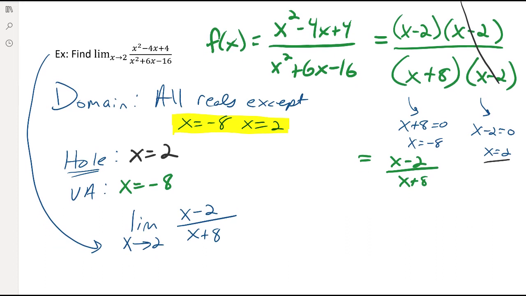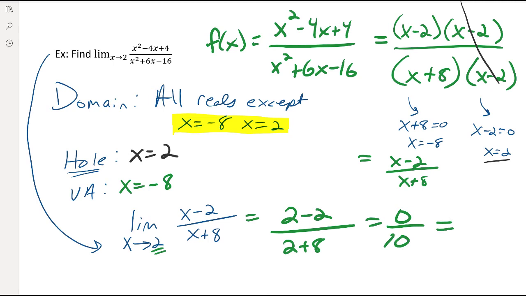Now x equals 2 is within the domain because we got rid of that removable discontinuity. So we can plug and chug. Plug in the x value of 2: 2 minus 2 over 2 plus 8, which is 0 divided by 10, which equals 0. And yes, that is a legal number. So the limit of this function ends up being 0.